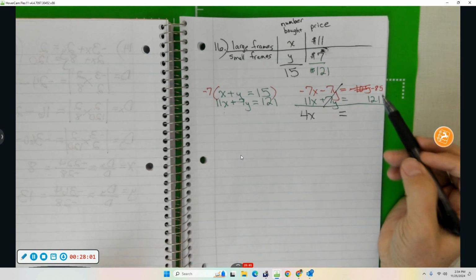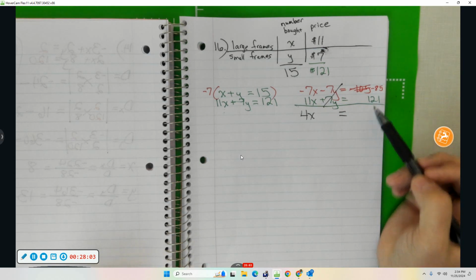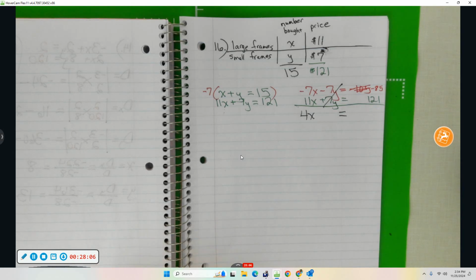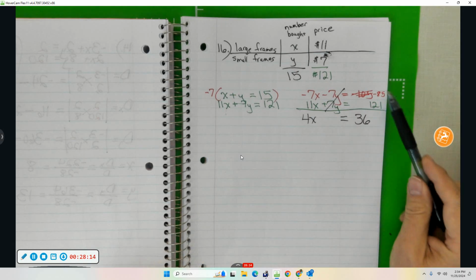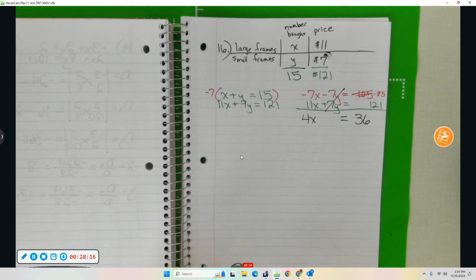And now we have a negative 85 plus a 121. Is that a 36? Negative 85 plus 121 is giving me 36.